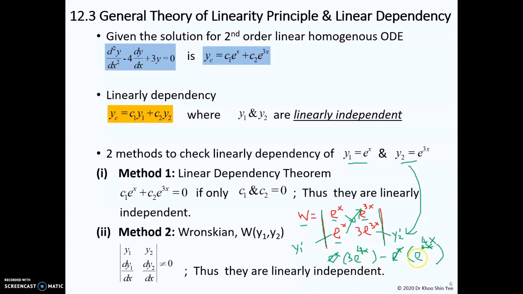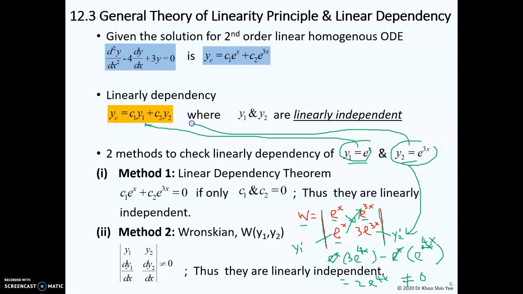These two terms can be subtracted to give you 2e^4x. Since this is not equal to 0, we can conclude the y1 and y2 solutions here are linearly independent. So if y1 and y2 are linearly independent, then we can substitute into the principle of superposition here to obtain the complementary solution.